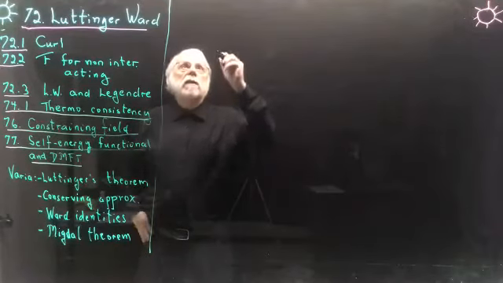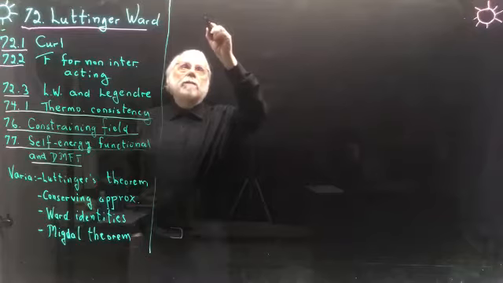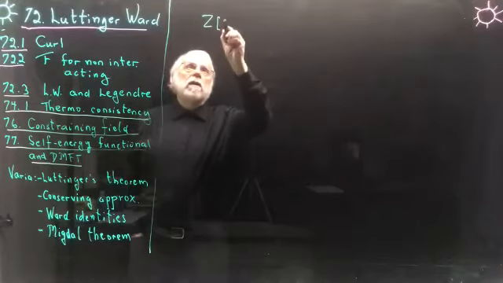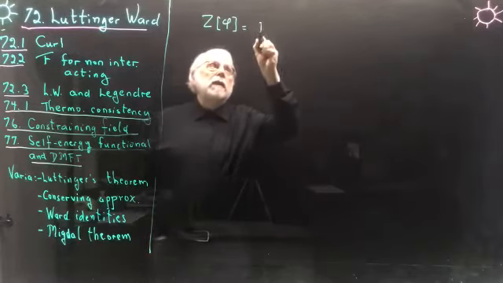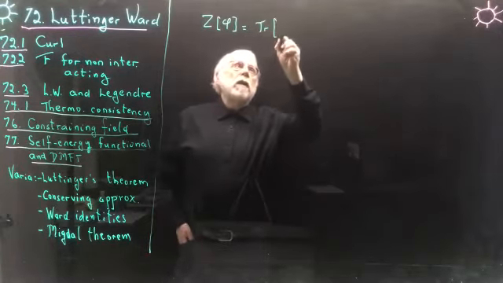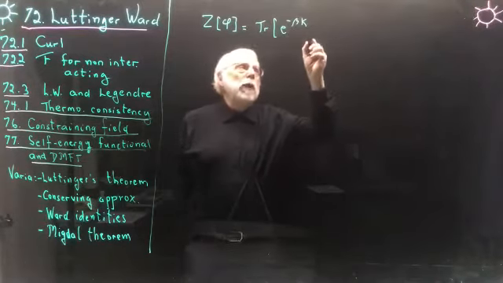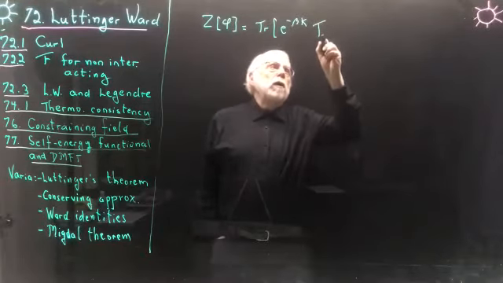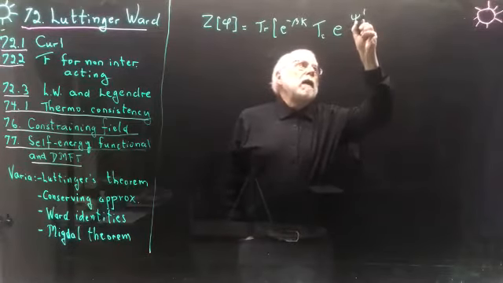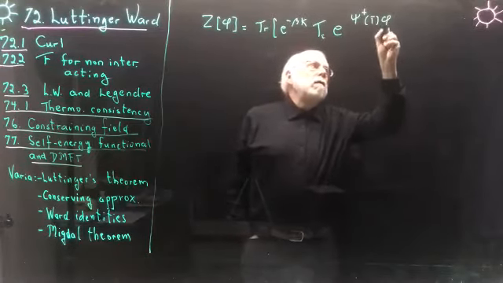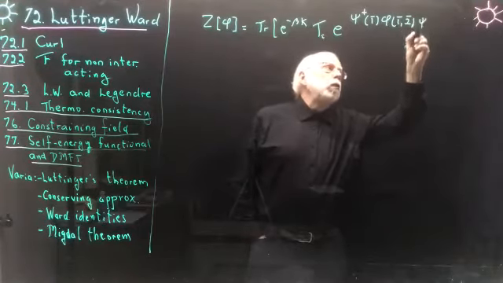So let us remind ourselves that we defined Z of some source field phi, Z of phi, as a trace of e to the minus beta K, where K is H minus mu N, times the time-ordered product of the exponential of psi dagger 1 bar, phi 1 bar 2 bar, psi 2 bar.